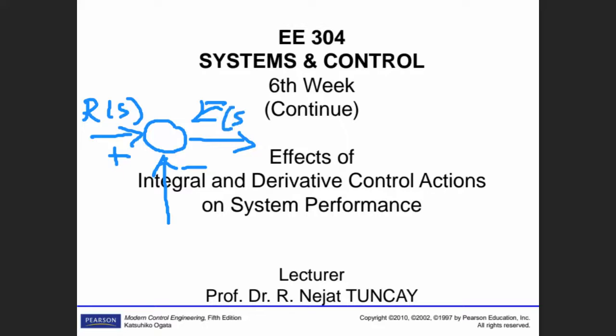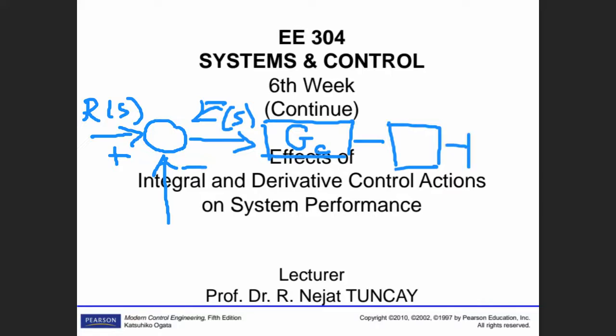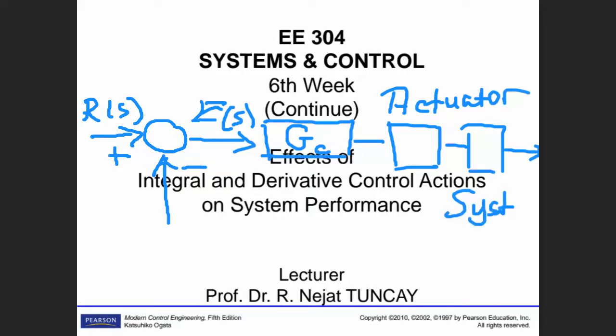And now we design a controller, GC, the controller. Then, of course, the actuator and system. Then you get the output. This is the actuator. That one is the system. And that one is our output.